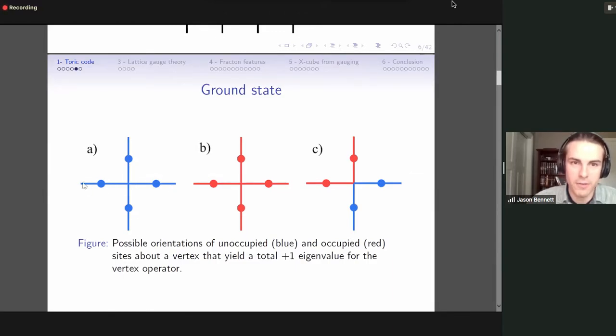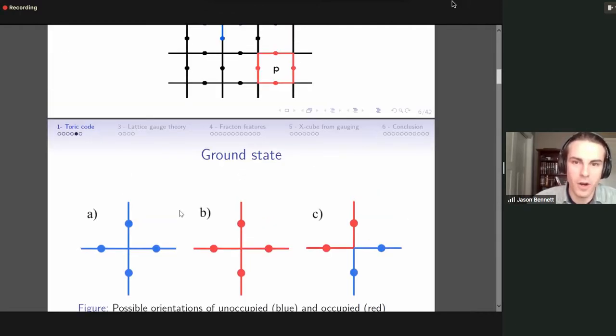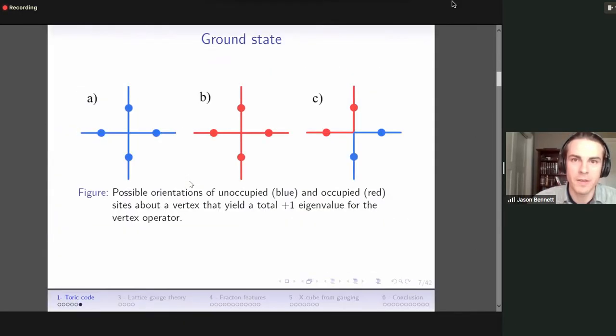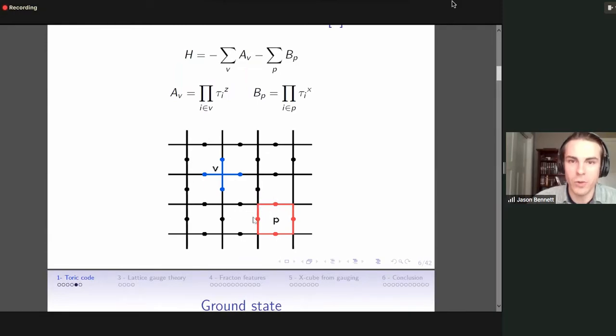There's no coming in and one of these is left either unoccupied or occupied. What we can envision is that loops are preferential in this model. So loops are what is energetically preferred to keep things in the ground state.